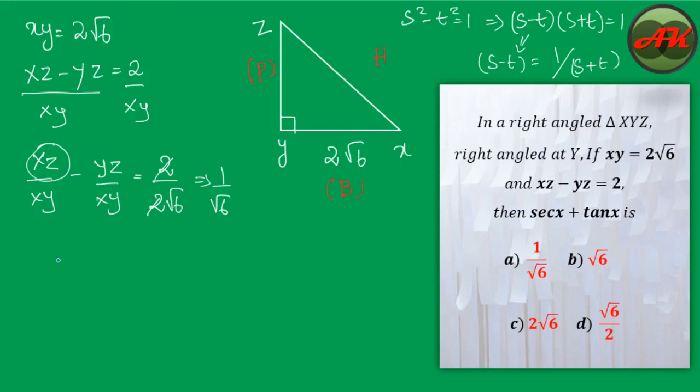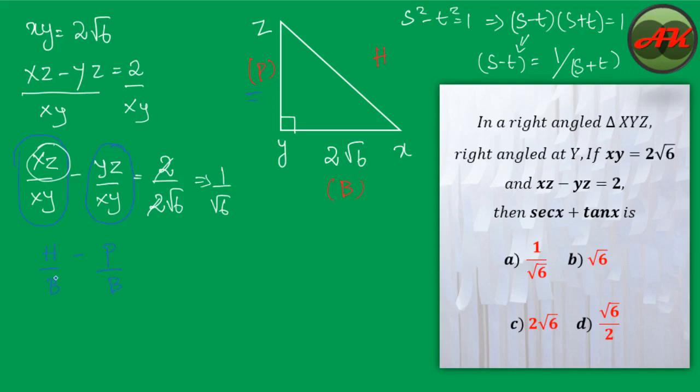So from this we can write XZ by XY as hypotenuse by base, minus YZ by XY as perpendicular by base.